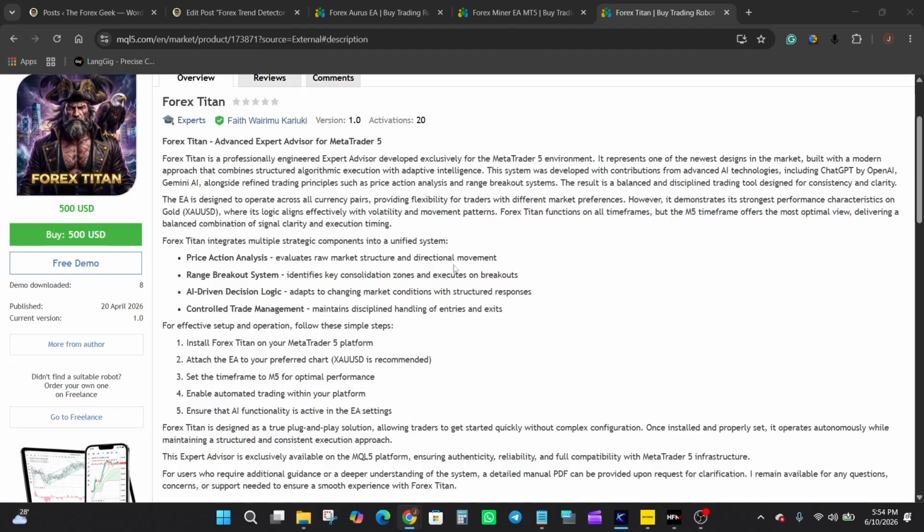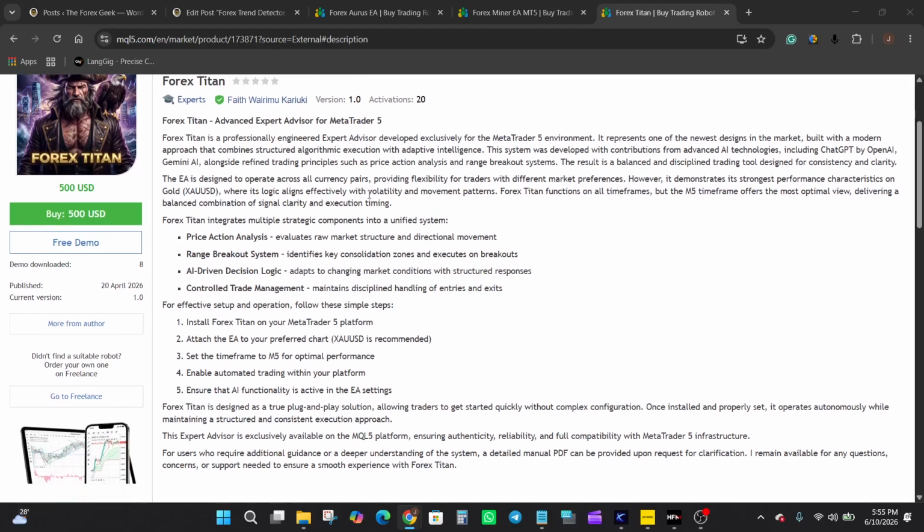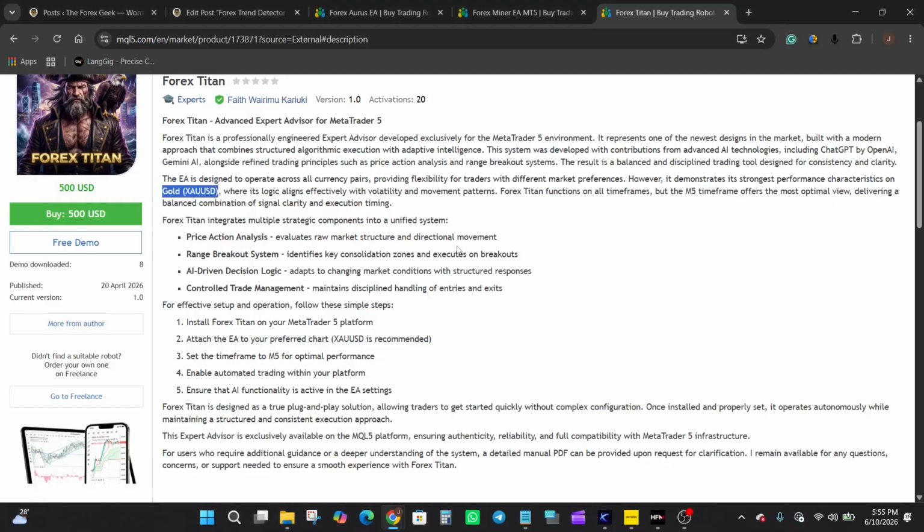Now, it mentions that it was developed using a mix of trading principles like price action analysis and range breakout systems, along with AI assisted development tools. So now, scrolling through the description, I can see it is designed to work across all currency pairs, but it specifically highlights gold, XAUUSD, as where it performs best due to higher volatility and stronger price movement characteristics.